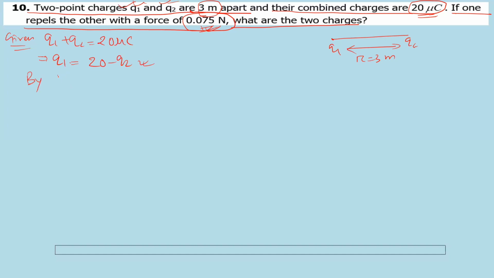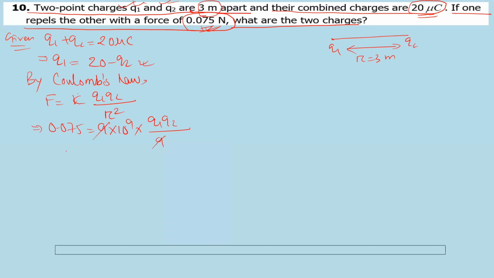Okay, Coulomb's formula. So by Coulomb's law, we have the formula F equals K into the product of the two charges divided by the distance between them, that is r square, right? So the value of force is 0.075. We know K can be written as 9 into 10 to the power 9, into Q1 and Q2, which I am keeping as it is, and this r square will become 3 square, that is 9, right?